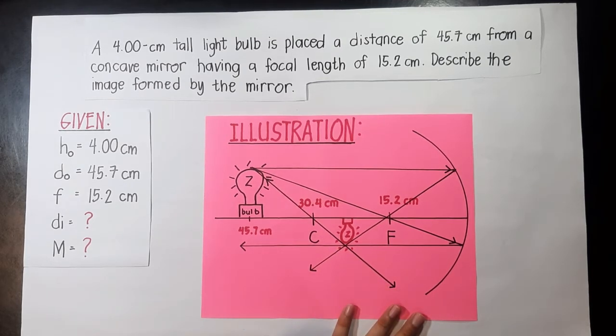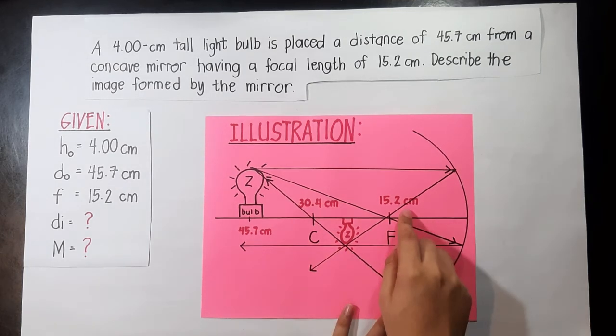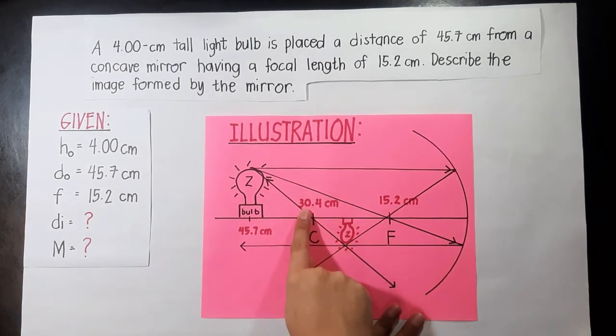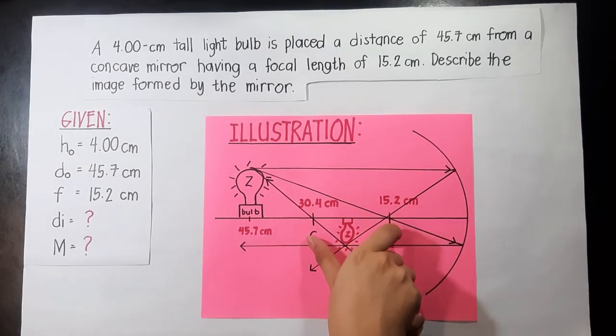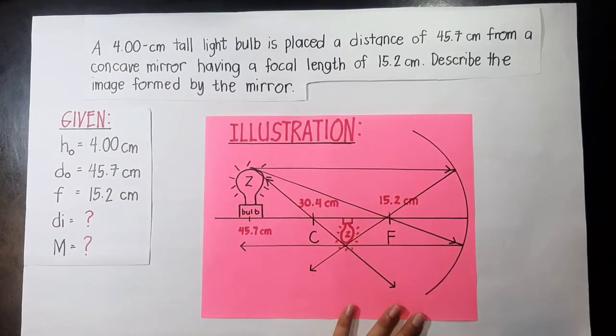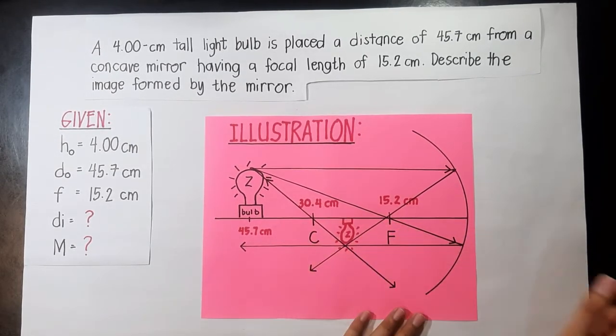Ibig sabihin, ang image natin ay nakalagay somewhere in between 15.2 cm to 30.4 cm. So, dapat yung value na makukuha natin mamaya sa computation natin ng DI ay mag-fall between 15.2 to 30.4 cm. So, dapat nandun lang siya sa gitna ng mga values na yon.